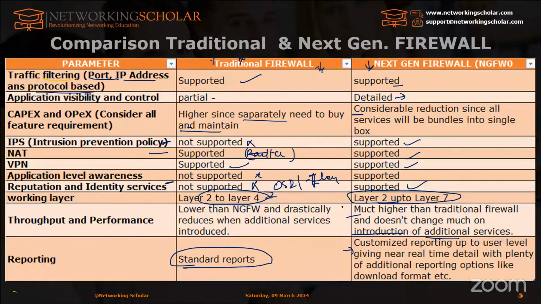So these are the things which can be learned in different firewalls. If we are learning about the traditional firewall, we can learn these kinds of things, and if you are talking about the next generation firewall, then we can learn multiple things. Okay, and everything is supported by the next generation firewall.